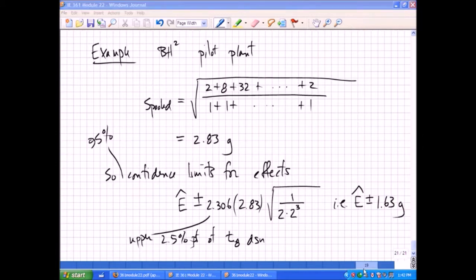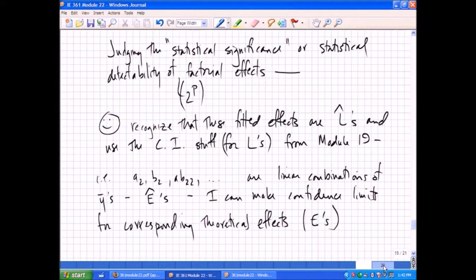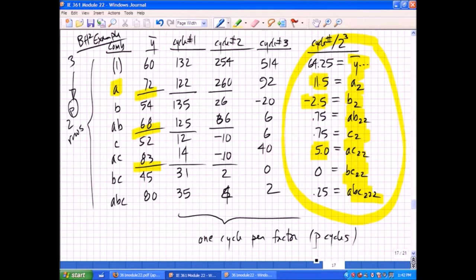So let's go back here a few pages. Those numbers in that final column there are good to within 1.63.